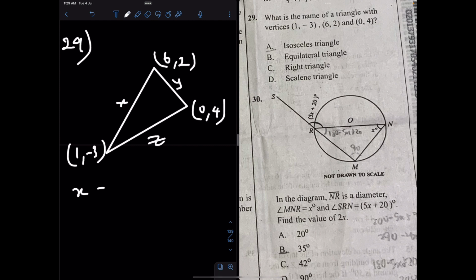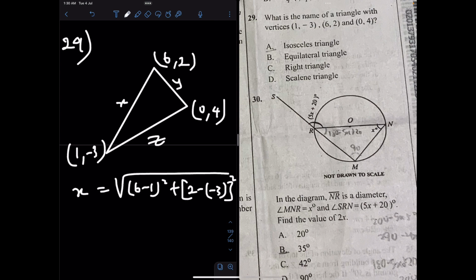So x is equal to the square root of (x2 minus x1) all squared plus (y2 minus y1) all squared. That's (6 minus 1) squared plus (2 minus 3) squared.